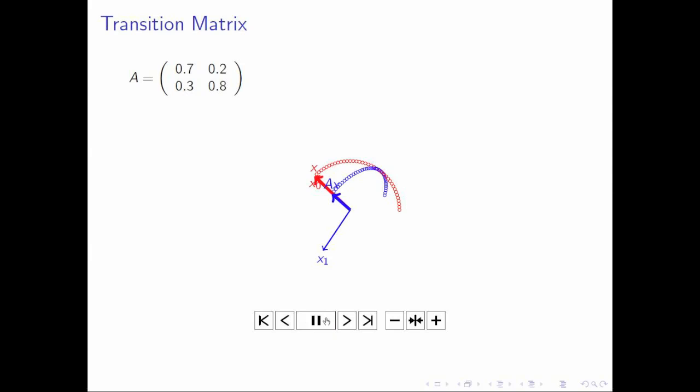If we then go on, when we end up pointing in the direction of x1, we notice that vectors x and A times x are exactly the same length. So the eigenvalue is equal to 1, which is what we expected.